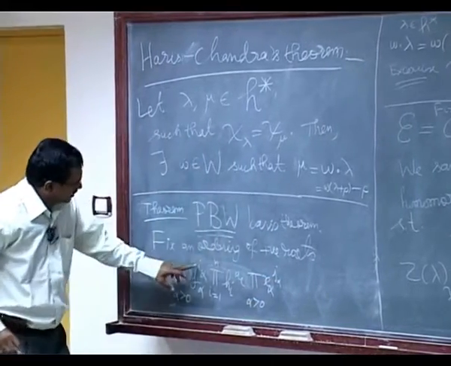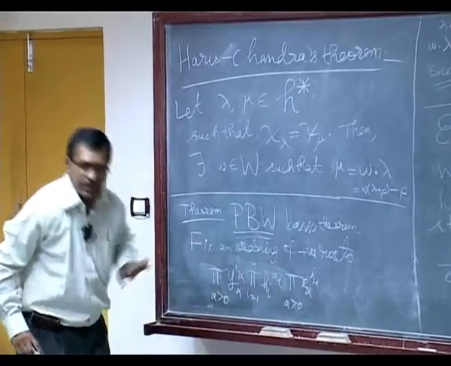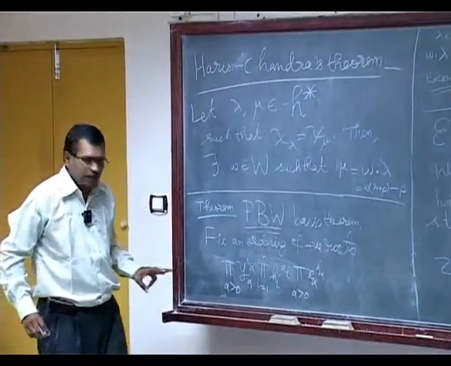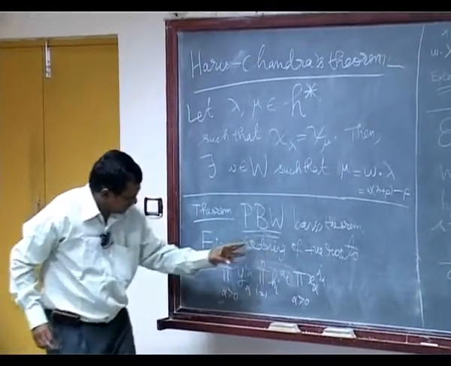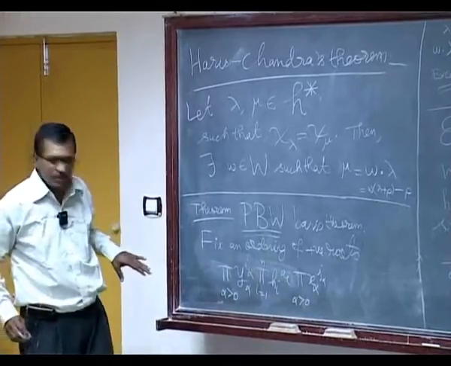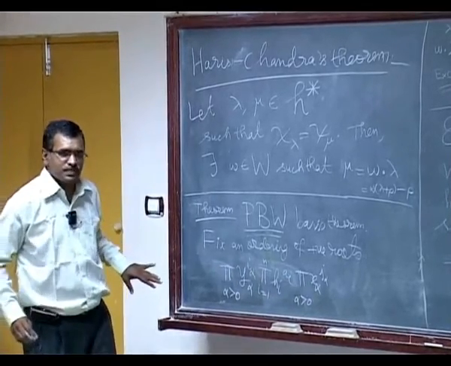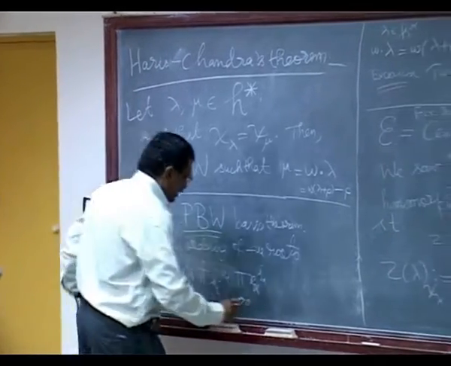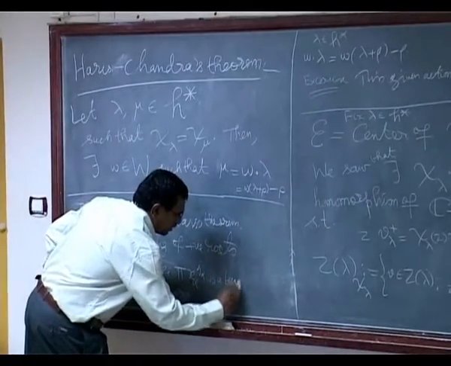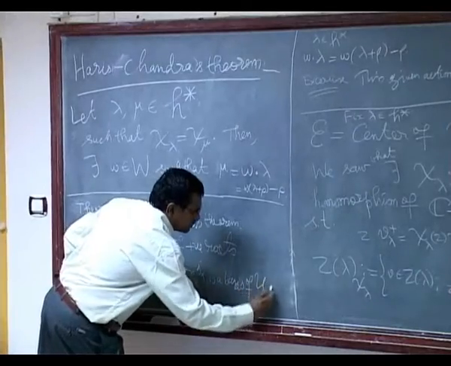These i_alpha, a_i, j_alpha are non-negative integers, and I write them in this order, with the ordering of positive roots already fixed, again in that order. This is a basis of g.